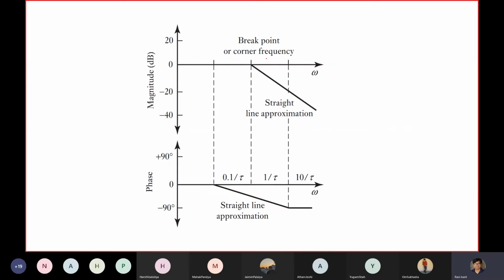So this is, again, the corner frequency, also called the breakpoint, where the slope changes. This plot is a near true characterization of our equation, but in reality it actually deviates something like this.